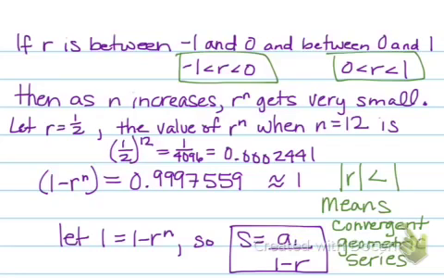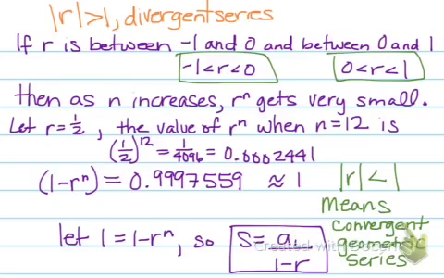It's getting smaller and smaller as the series goes on. Now, if the absolute value of r is greater than 1, it's called a divergent series. And a divergent series gets bigger and bigger, and so you can't find the sum of a divergent series. You can only find the sum of a convergent series.